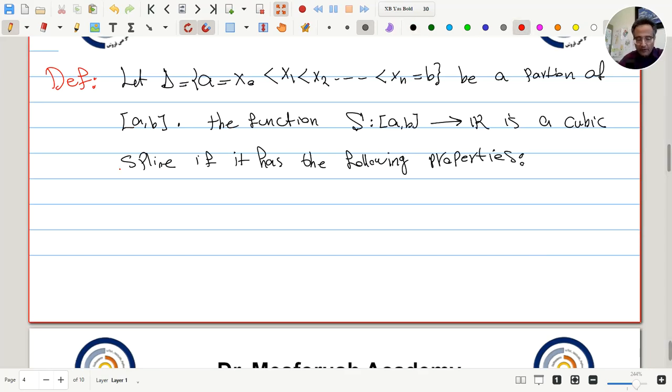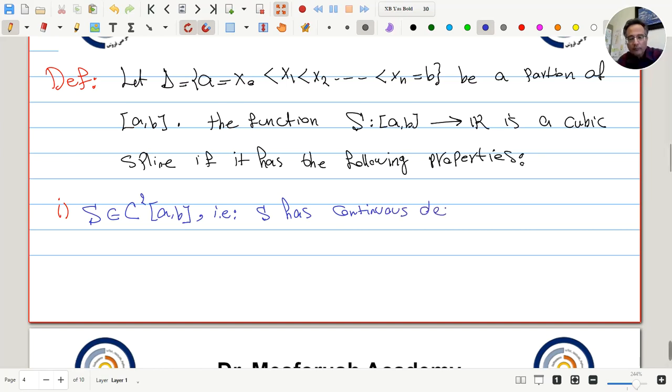The first property is S belongs to C squared over a and b. What does it mean? It means that S has continuous derivative up to order 2.